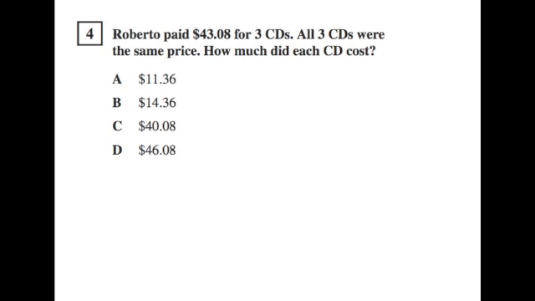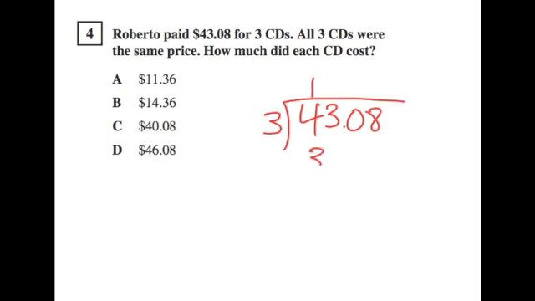So if all the CDs were the same price, obviously the total has to be divided up evenly. So what we've got to do is take 43.08, which is our dollar amount for the total, and divide it by 3. 3 goes into 4 once. Let's subtract, we get 1. Bring down the 3. 3 goes into 13 4 times.